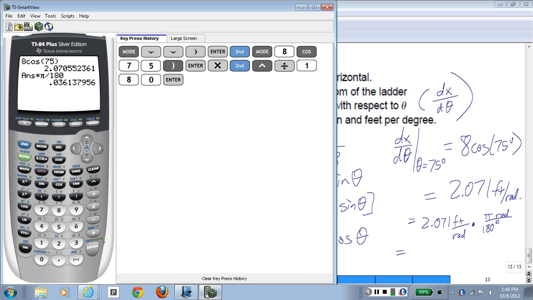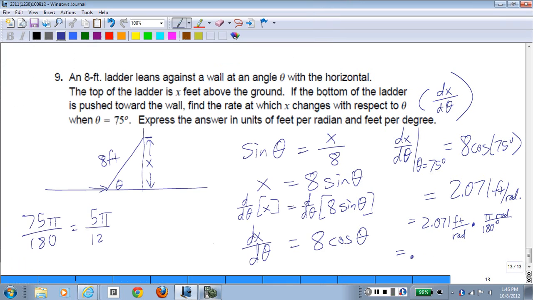it's going to be 0.036. We can even throw in the 1, but I think the original information probably, that's enough significant figures. 0.036 feet per degree. In that case, maybe inches per degree. Did I punch that up on the calculator correctly, you think?